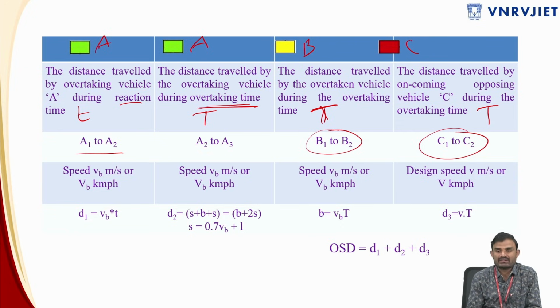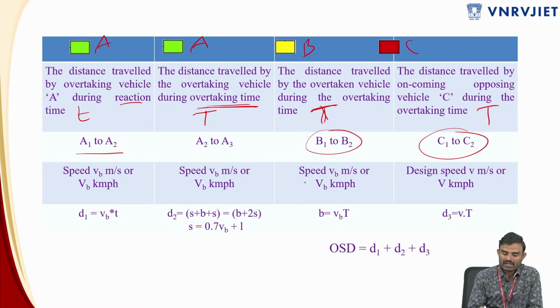So the speeds are also very, very important here. Even though the speed of the overtaking vehicle is given in the question or in the problem, that speed should not be taken for vehicle A. Even though the name is overtaking vehicle, it is going to travel or start with the speed of vehicle B. After overtaking, it will start with design speed.